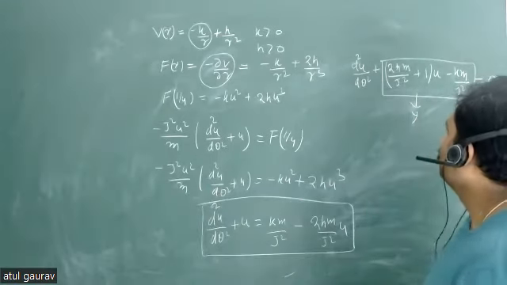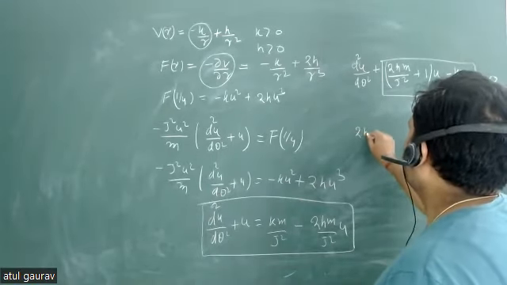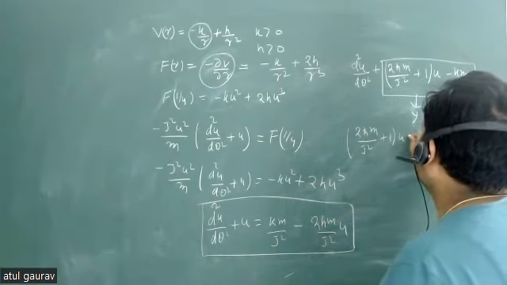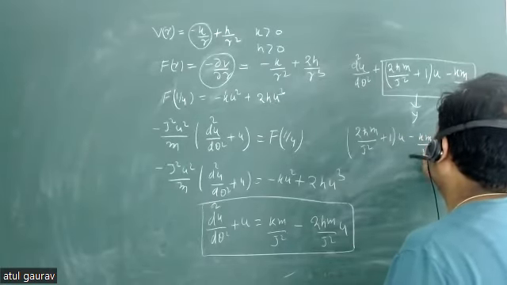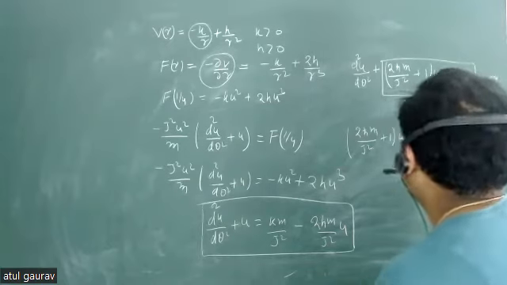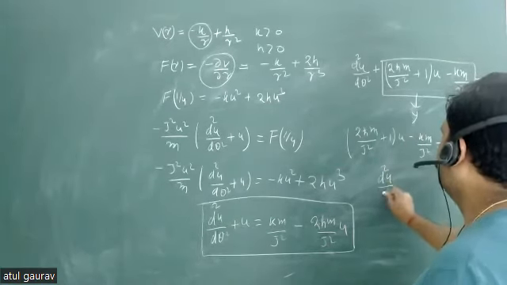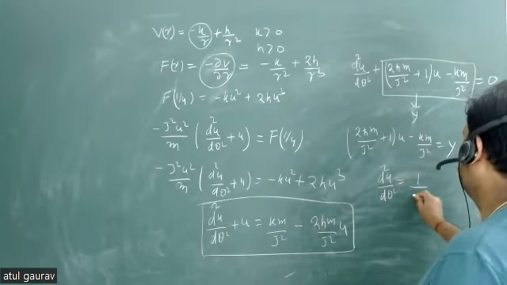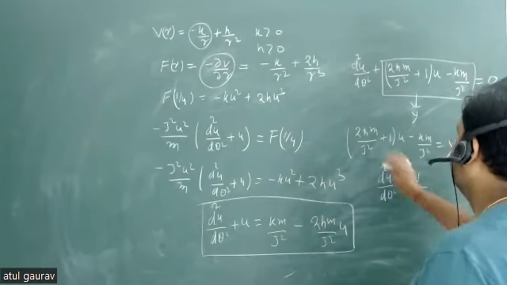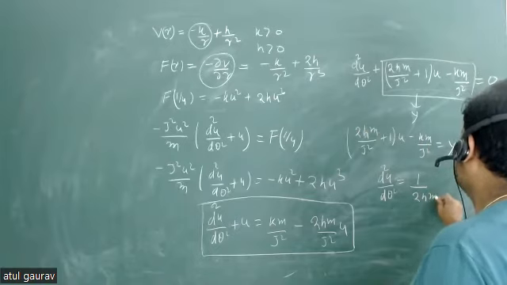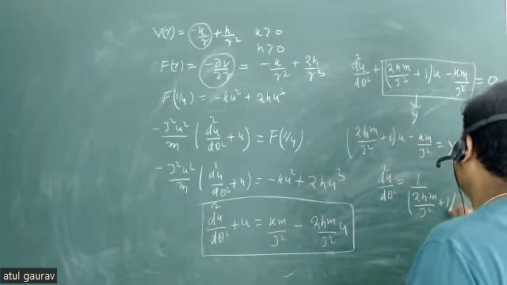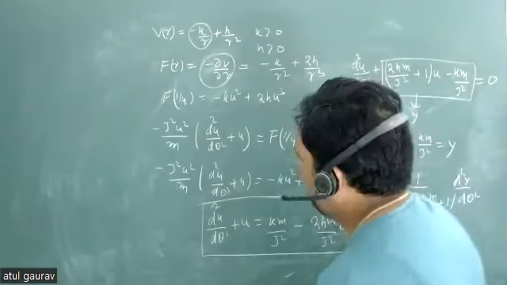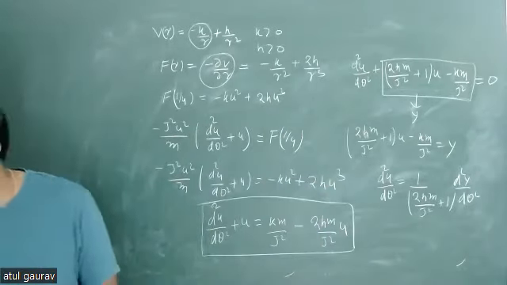So (2hm by j square plus 1) u minus km by j square is equal to y, and d square u upon d theta square is 1 upon (2hm by j square plus 1) times d square y d theta square, since the constant becomes 0.